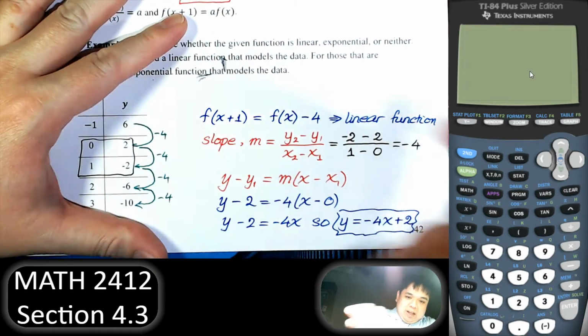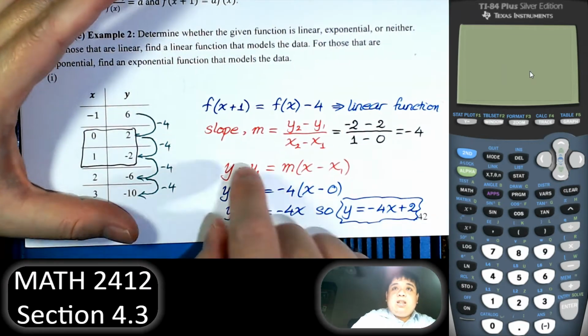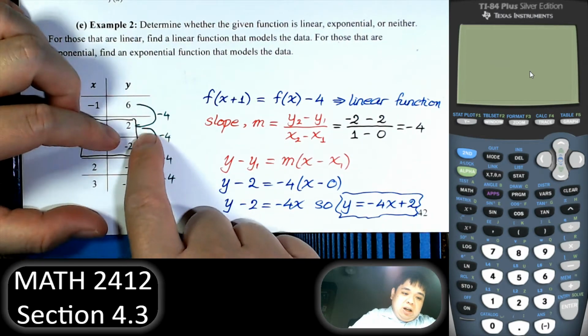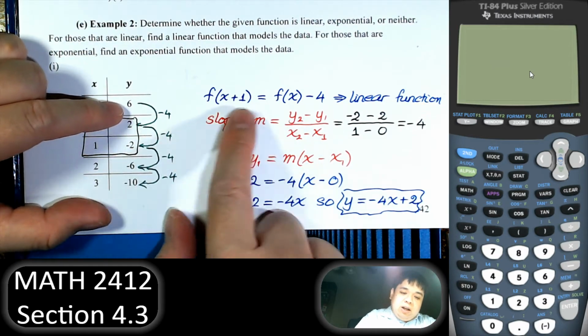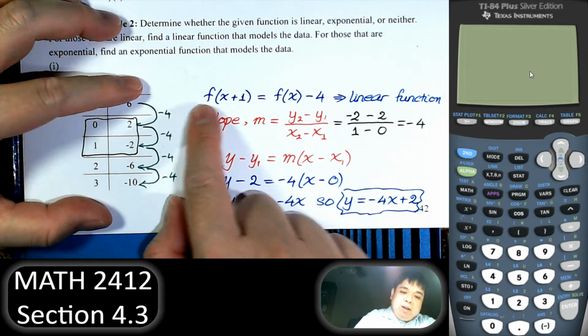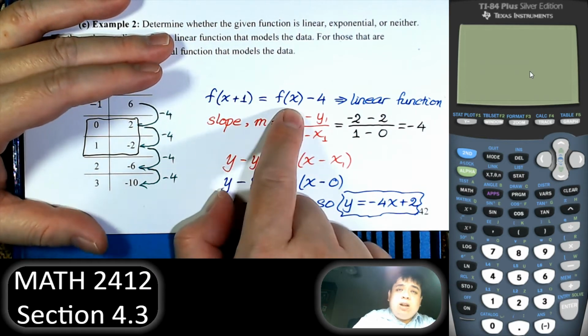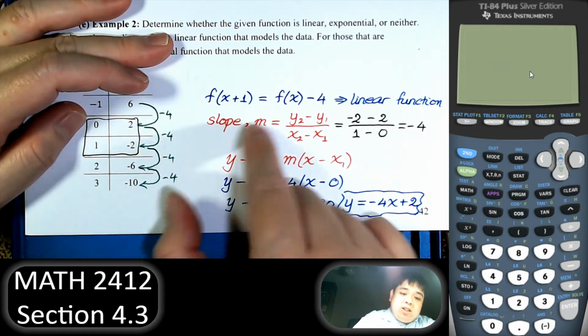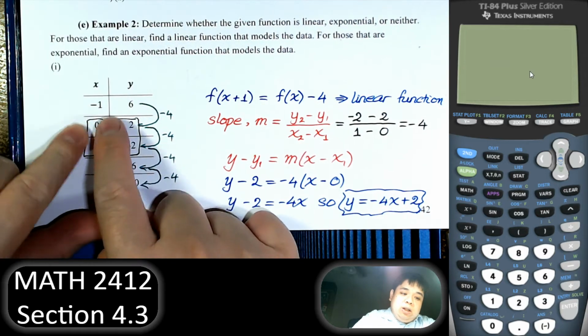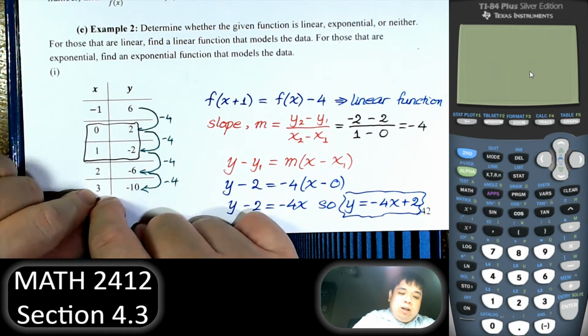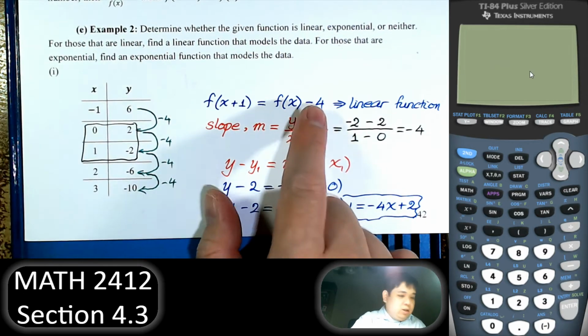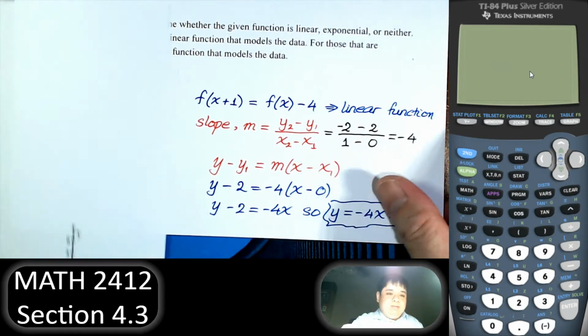We know that it is the equation of a line because the difference of consecutive values, f of x plus 1 and f of x, is constant. If x increases by 1, y decreases by 4. That is the constant, -4.